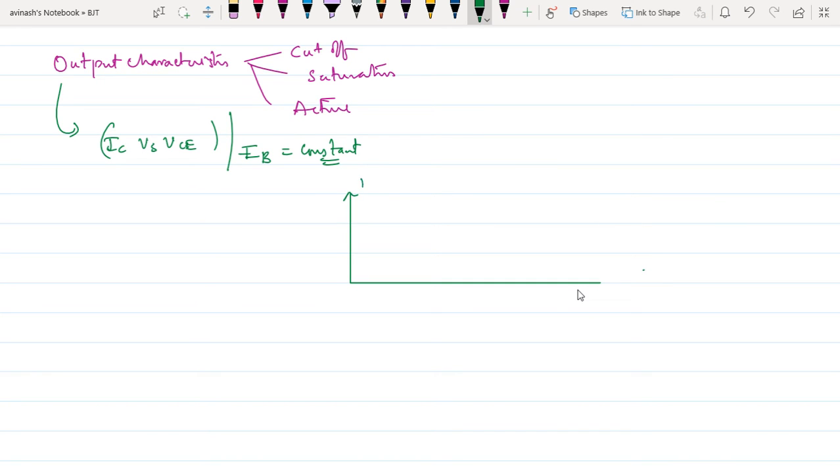If you plot, this is IC, this will be VCE. During the cutoff region, the graph where IC is approximately 0 lies on IB equal to 0 and to the right of VCE equal to VCE saturation. So in the cutoff region, IC is equal to 0.